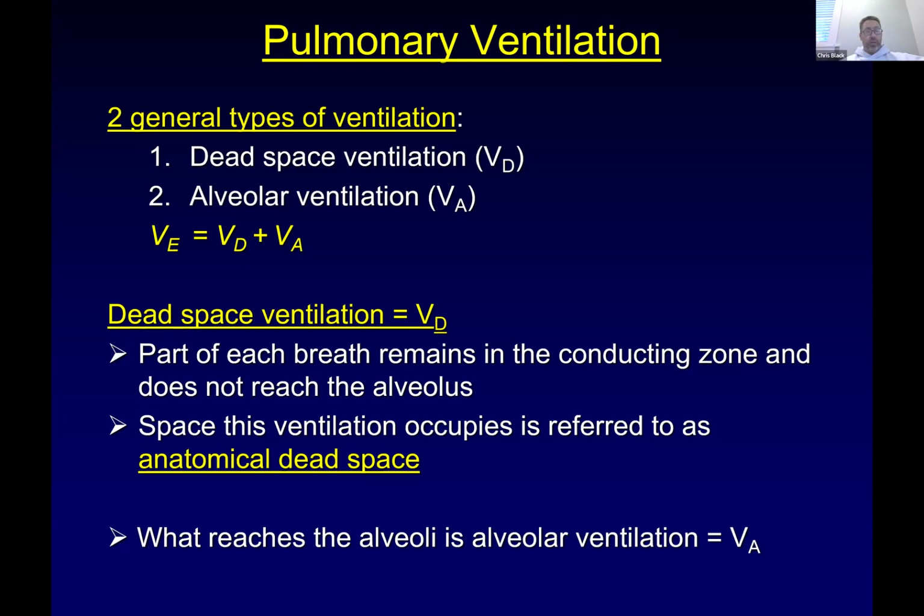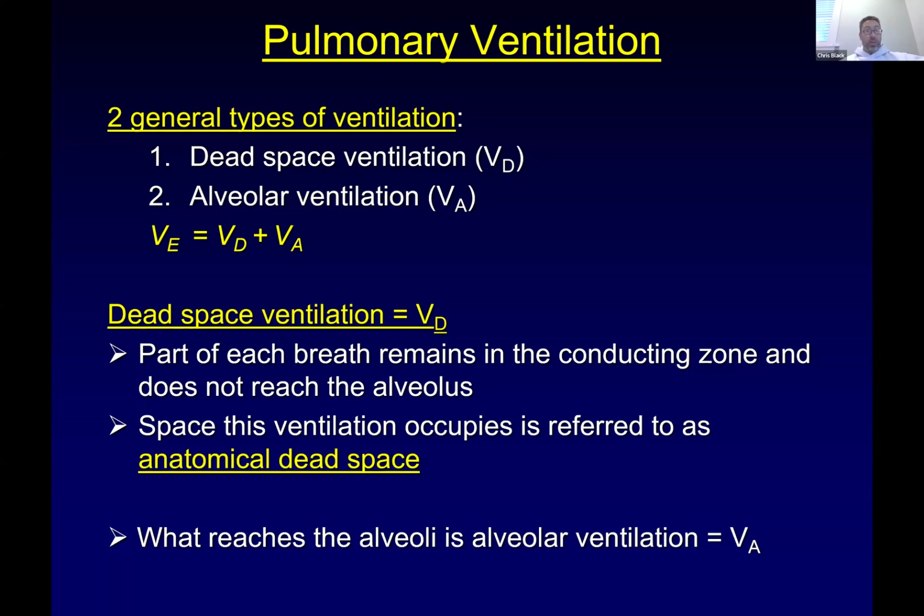What I want you to take away is very simply that there is air that we move into and out of the lungs every time we breathe, and not all of it from outside air is going to make it down into the alveoli, nor is all of the air that gets into the alveoli going to make it all the way out with every breath. That is this idea of dead space ventilation.